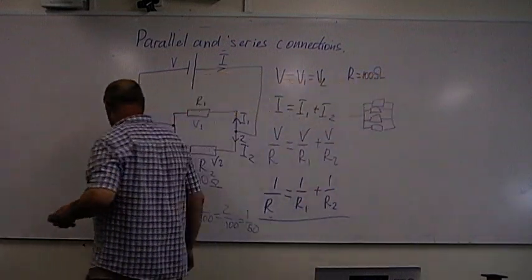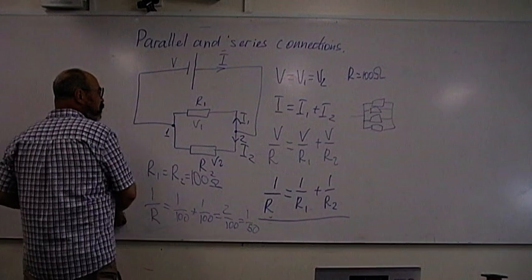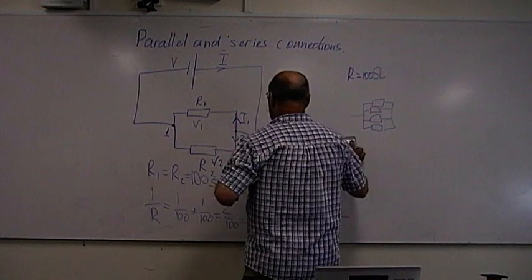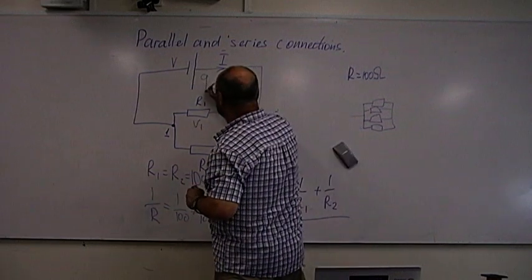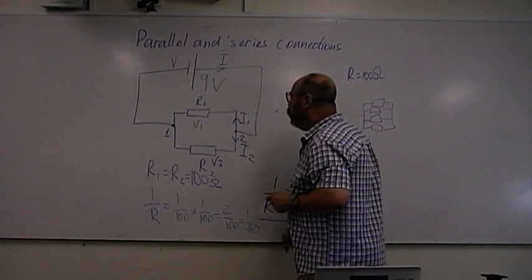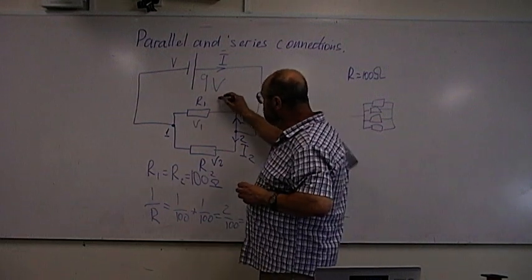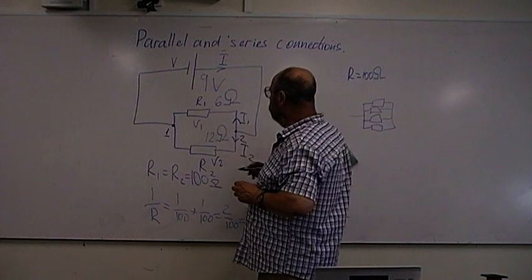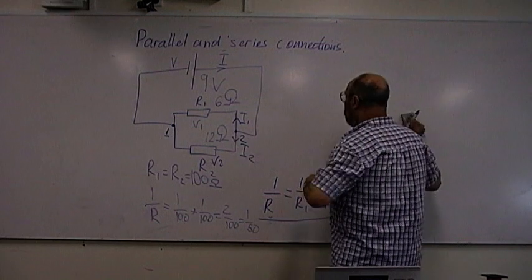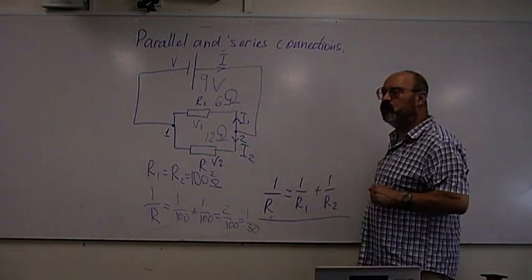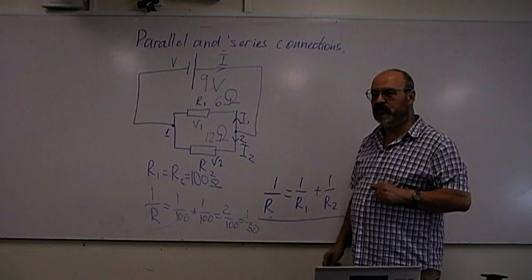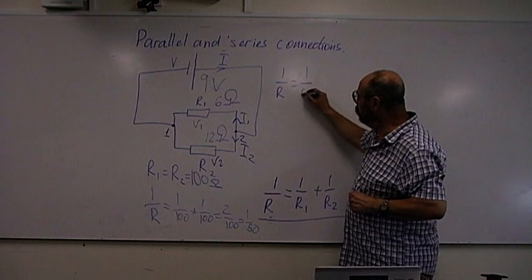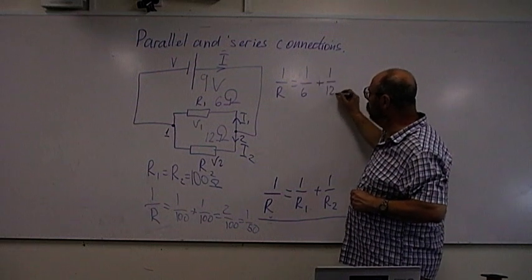And let's do one example with calculation. We take a voltage of 9 volts. We have resistor R1 of 6 ohms and R2 of 12 ohms. First, let's find the total resistance. 1 over R equals 1 over 6 plus 1 over 12.